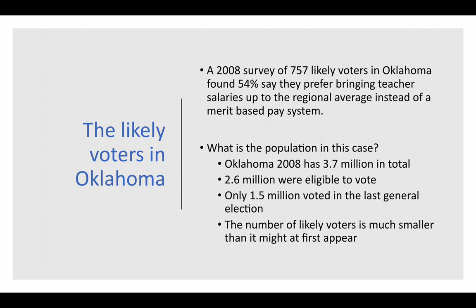So the number of likely voters will probably be smaller than 1.5 million. Of course, you may see recent trends be different, but it really depends. Generally speaking, voter turnout rates are relatively low, not that high.